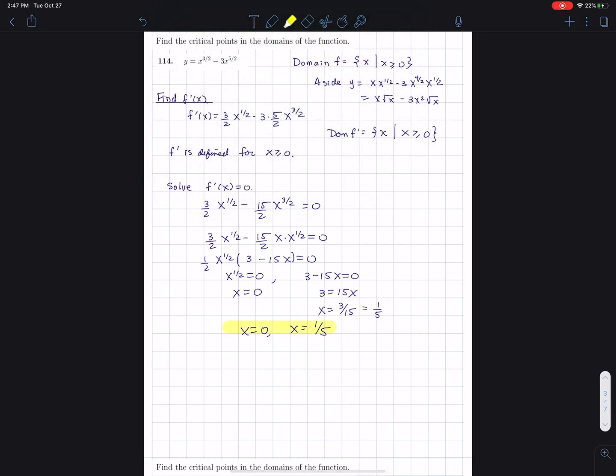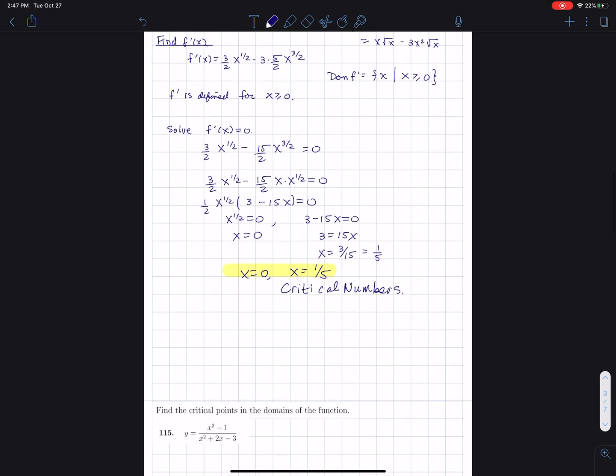The critical numbers are numbers that are in the domain of the function where either f prime of that number is equal to 0 or f prime of that number is undefined. So let's just do a little remark.